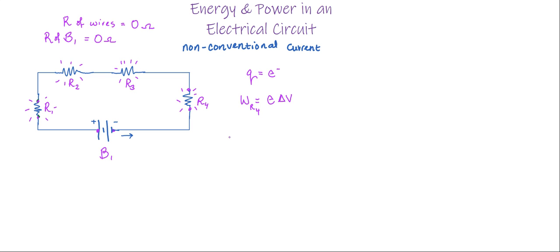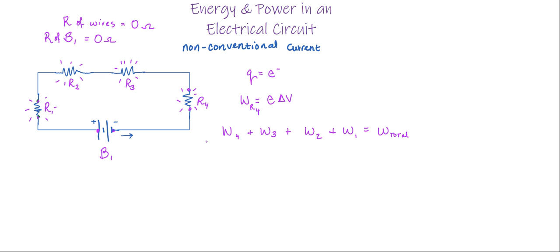So the work being done on R4 plus the work on R3 plus the work on R2 plus the work on R1 all add up to the total work being done on this little electron. Let's call him Bobby. As Bobby moves through the circuit, the amount of energy he loses passing through each of these obstacles on his path back to the battery will add up to this amount.